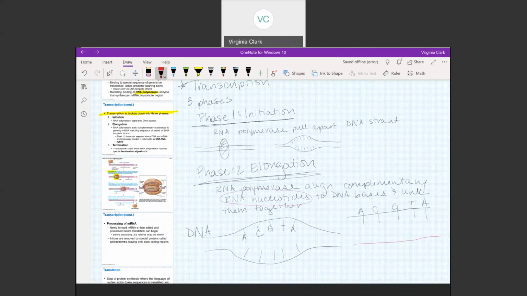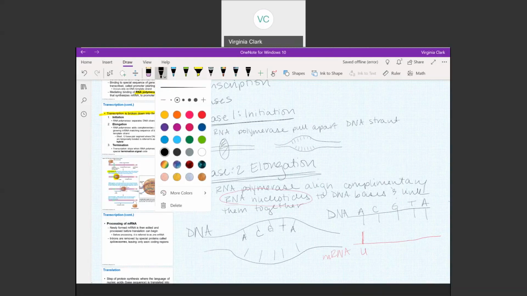This is where it is going to flip from an A connecting to a thymine to an A connecting to a uracil. So here's my A. What it will come and put on is U, because A is connected to U, because this is going to be my mRNA. This is my DNA sequence right here. But what I'm actually creating is the mRNA, which has a different nucleotide instead of thymine.